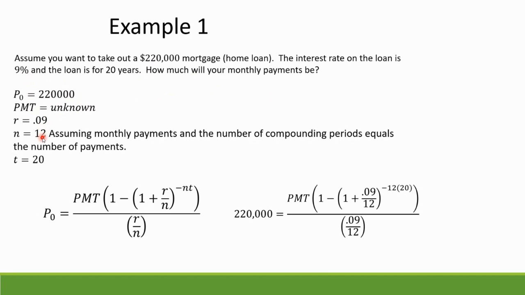R is 0.09 because the interest rate is 9%, and we convert it to a decimal. N is 12. We're making monthly payments, which means there are 12 payments in a year. And by assumption, the number of payments we make equals the number of compounding periods, so there are 12 compounding periods in a year. And this is a 20-year loan, so T is 20.